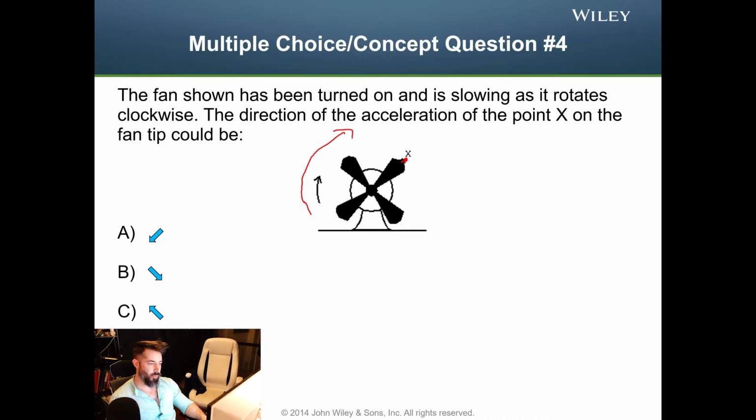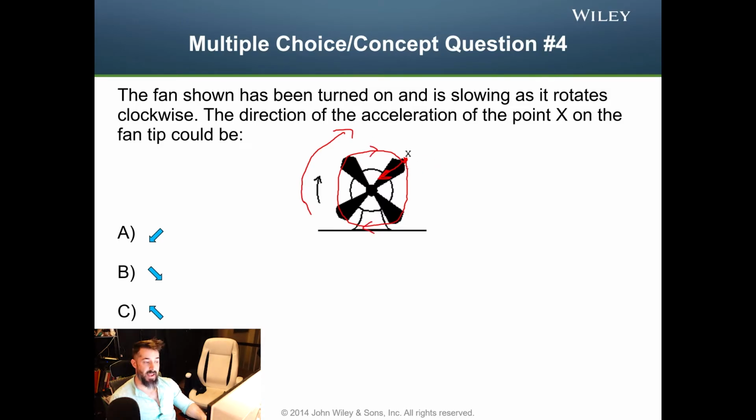Again, like I said before, if it's centripetal, then we need to look inward. Basically, they're just making a circle out of this thing, so it's rotating this way. If you ignore the fan part, it's just a circle moving in a clockwise fashion, like so.